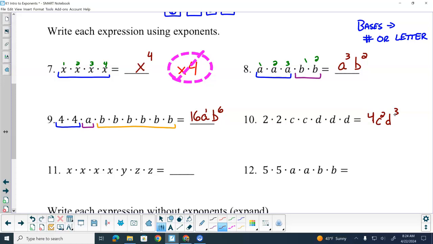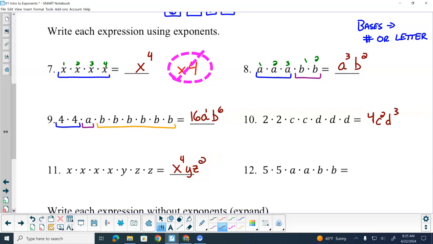What did you get for number 11? Bingo, yep, exactly. X to the 4th power, Y, Z to the 2nd power. I would concur with that.